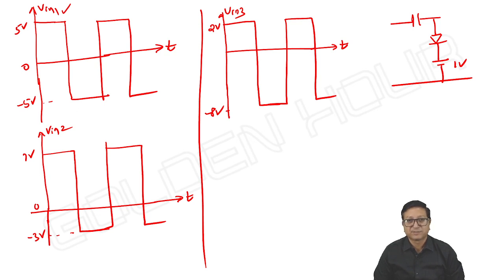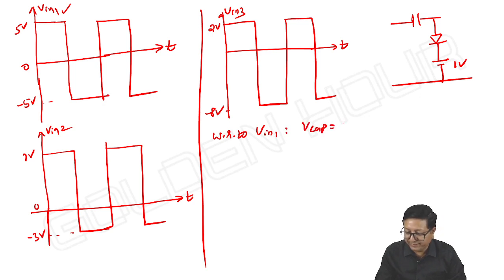Output is equal to input minus V capacitor. Sorry, yes, V input minus V capacitor. So for V input 1, let me write that way. With respect to input 1, V capacitor is equal to 5 minus 1, 4 volt.